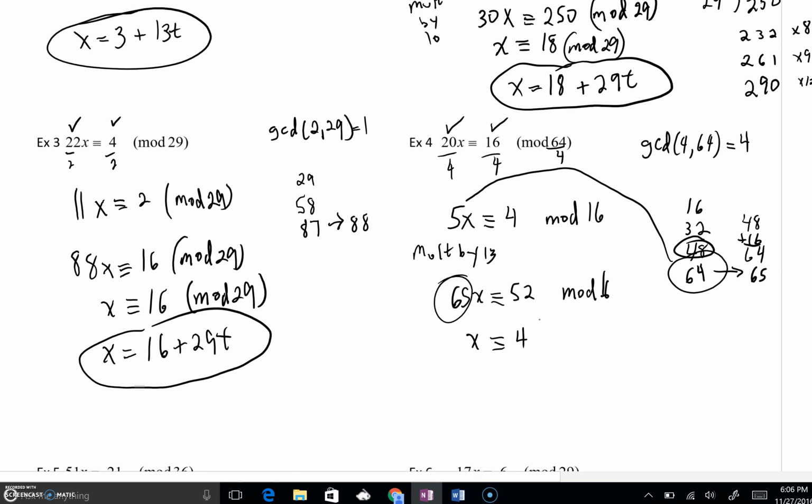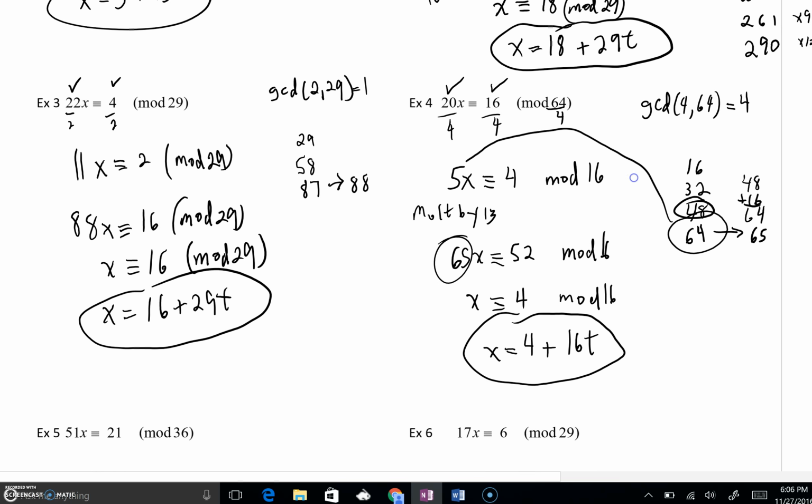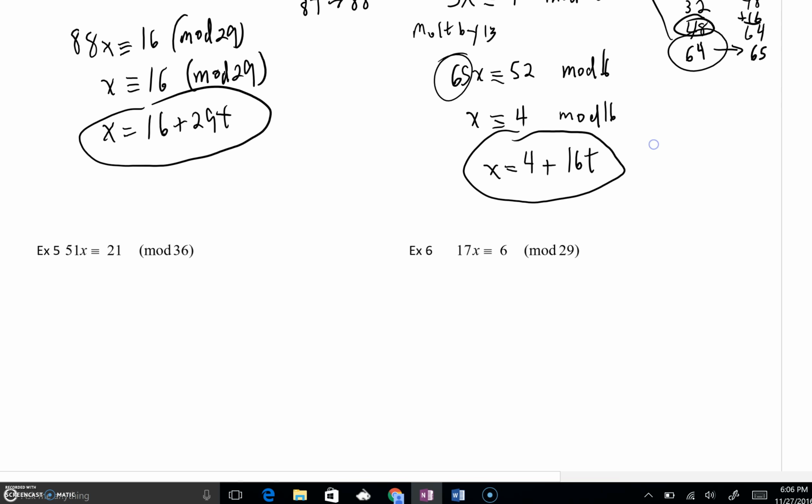In other words, we'd get a remainder of 4. So this is how we can solve very quickly. Notice if we write our answer parametrically, we're now going to say 4 plus 16t. A very important distinction. Very much a similar setup with number 5.